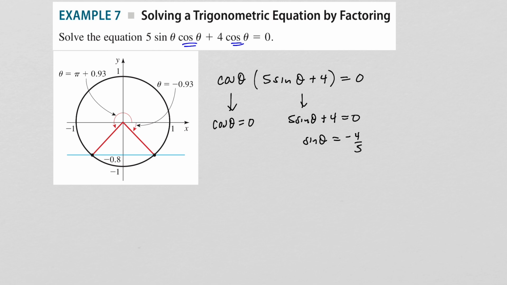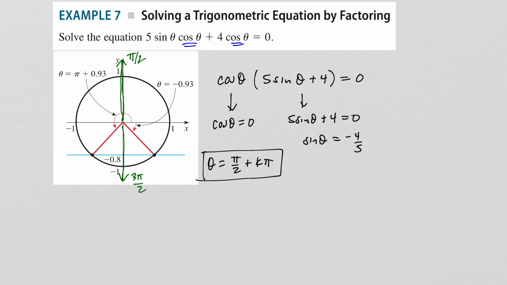So what are the solutions for cosine theta equals 0? Well, we should know that cosine is 0 at pi over 2, this angle, and also at 3 pi over 2. So we can actually capture all of those solutions by simply saying pi over 2 plus k pi. Okay, and the reason we can say k pi is because these two angles are pi units apart.